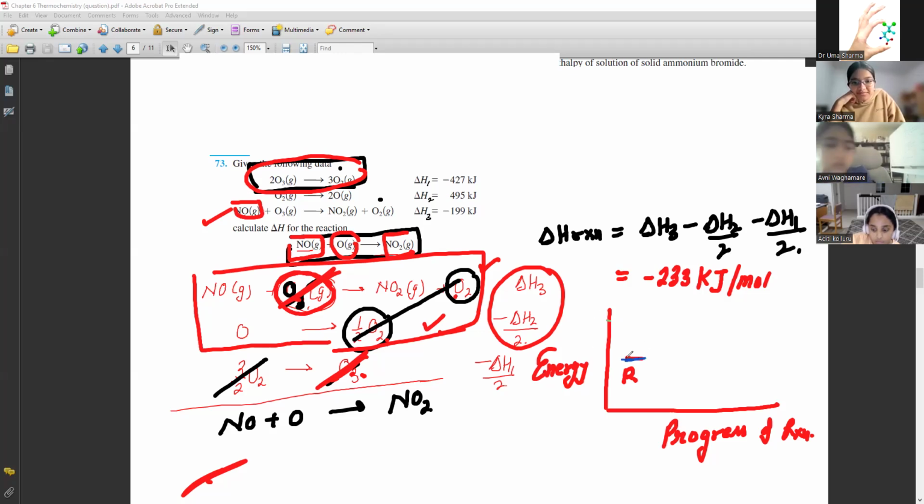Start from here, the reactant. Then you have to decide whether the product will be less in energy or more in energy. You said exothermic. Like that, very good. This is the product. And what is delta H?